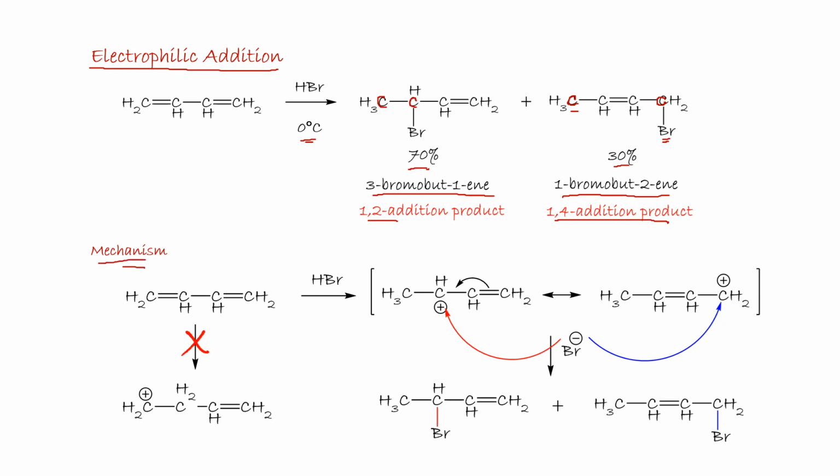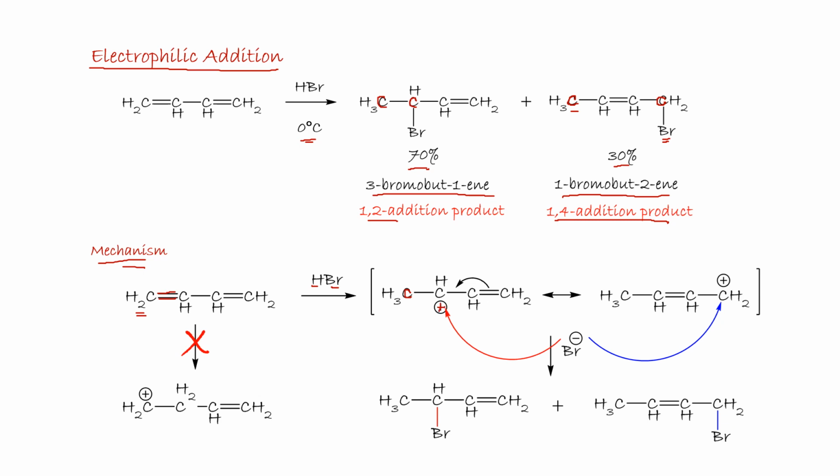Mechanism for that: in 1,3-butadiene, this is an alkene, and this carbon carries more hydrogens. With HBr, according to Markovnikov's rule, the first step is addition of H plus, so that will be CH3, and this carbon will be the carbocation.